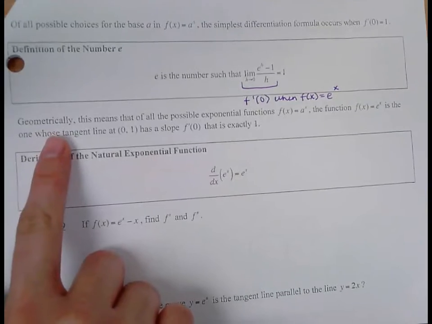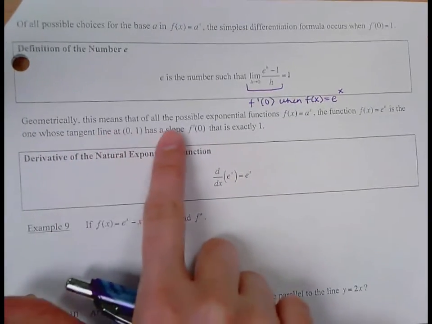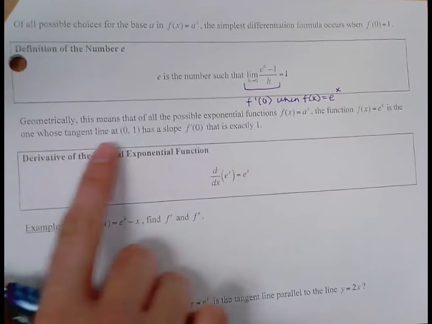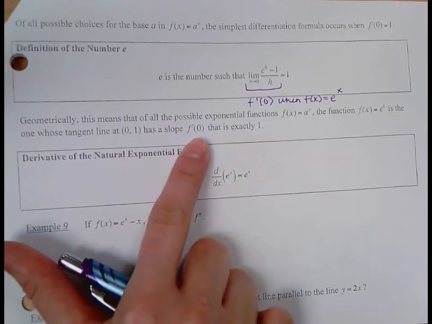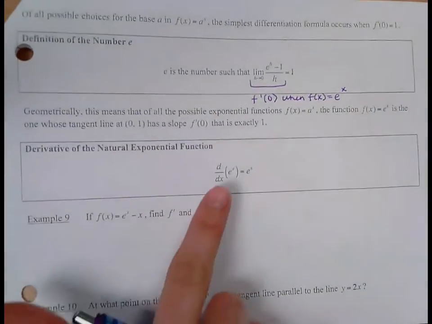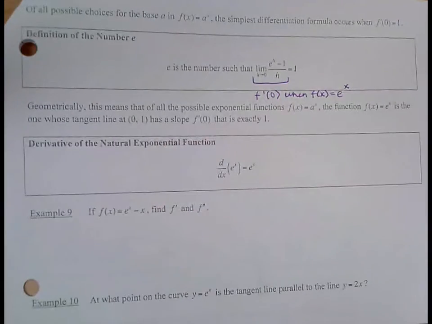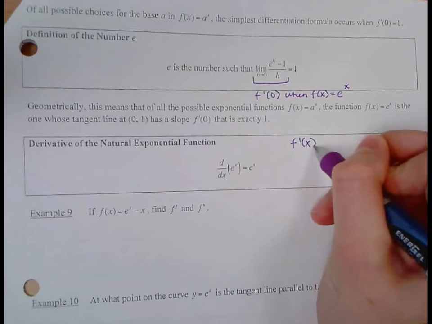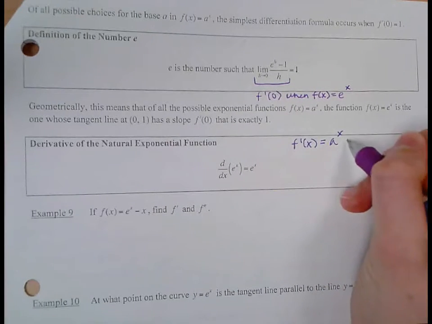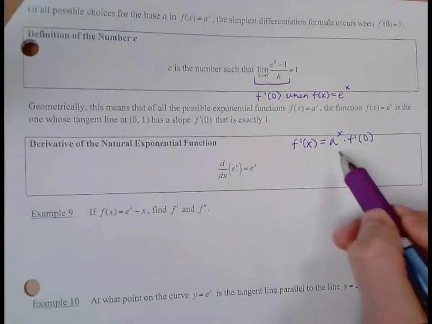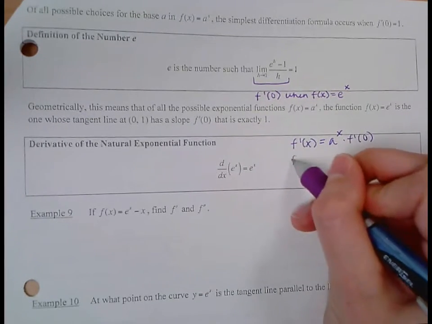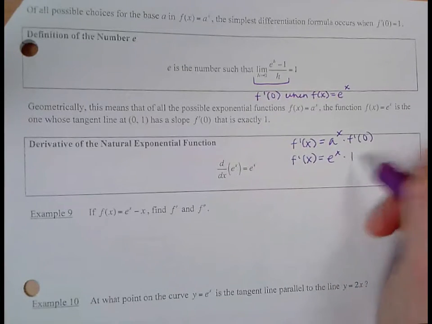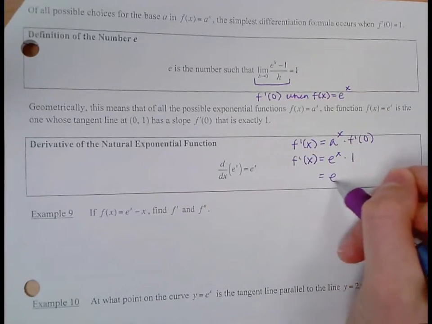So I have what the graphical meaning of that is. It means of all the possible exponential functions for a to the x, the function e to the x is the one whose tangent line at (0, 1) has a slope f prime of 0 that is exactly 1, and that means if we go back to saying f prime of x is equal to a to the x times f prime of 0, so if you have e to the x, f prime of x is going to equal e to the x times the derivative at 0, which is 1, meaning the derivative is just itself.